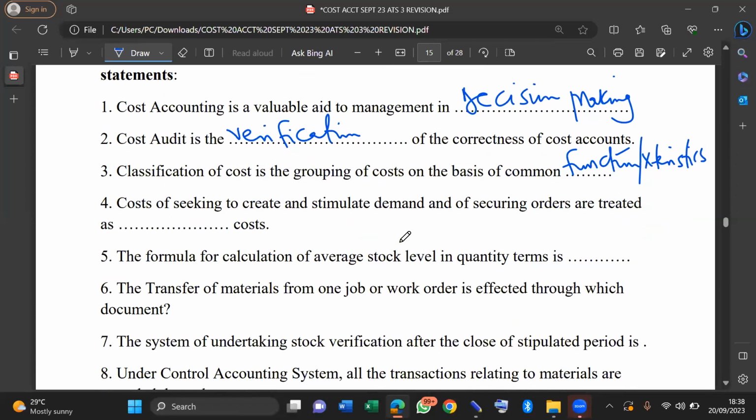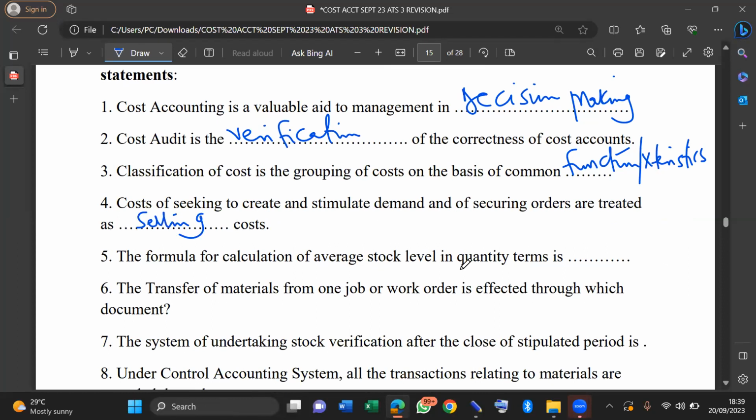Cost of seeking to create and stimulate demand and securing orders are treated as what? Selling cost.